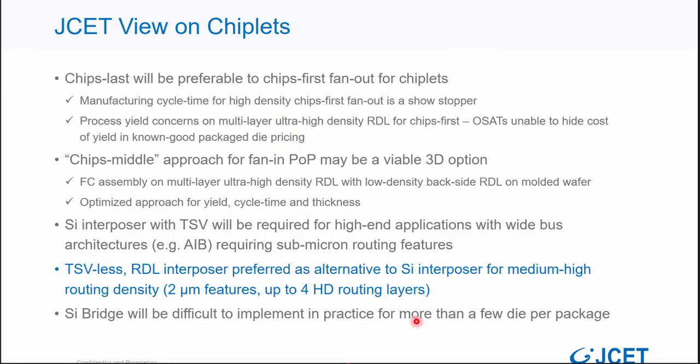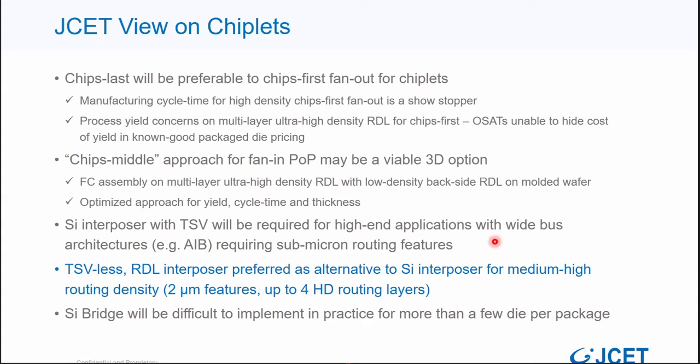Then in our JCET point of view, for chiplets it will be preferable to use RDL first rather than chip first fan-out, mainly because of the known good die loss. Manufacturing cycle time for high density chip first fan-out is a showstopper because we have to go with a sequential process flow, while for truly RDL first, we can proceed in parallel.